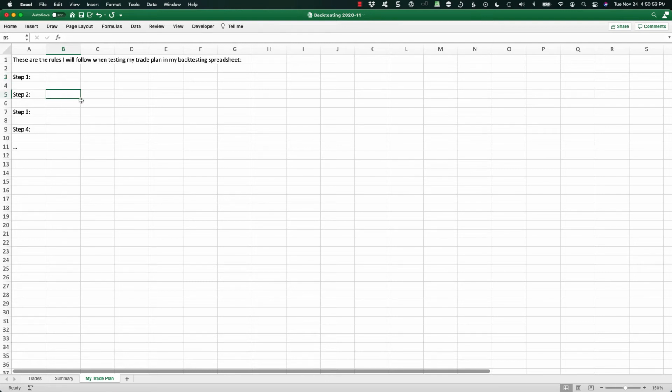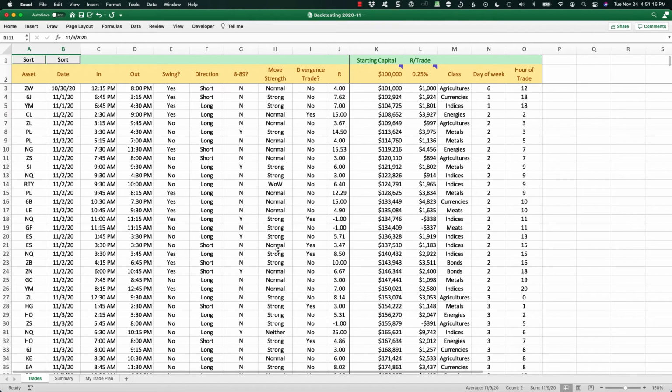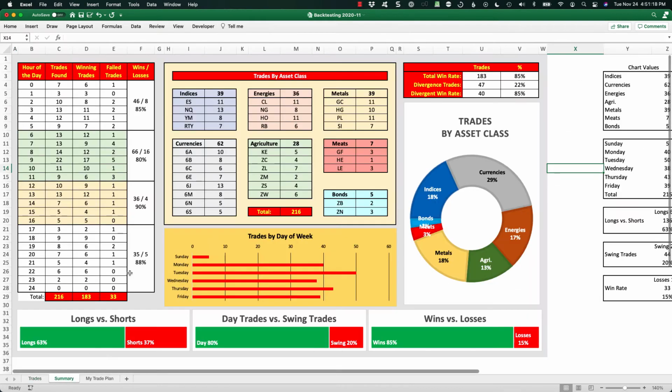Step two, I'm gonna look for a particular candle pattern, whether it's a wick over wick or an explosive move out with 3 higher highs or 3 lower lows after the breakout. And step three, it has to be at least 3-to-1 risk to reward ratio. Whatever those are, you need to have a consistency, because if you kind of trade haphazardly, you're going to get haphazard results, and this information is just not going to be useful for you.